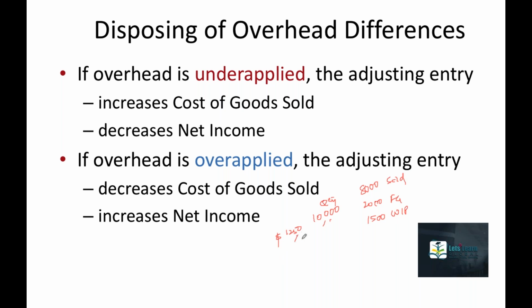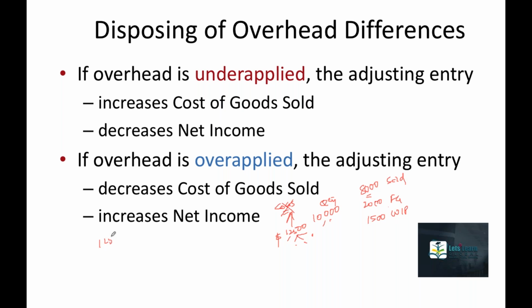Do not think to charge this to cost of goods sold for this amount units, finished goods for this units, work in progress like this. No. It is a small amount. It can be charged to cost of goods sold, reduce your profit. But if it is 12,500, yes, don't charge it to cost of goods sold.